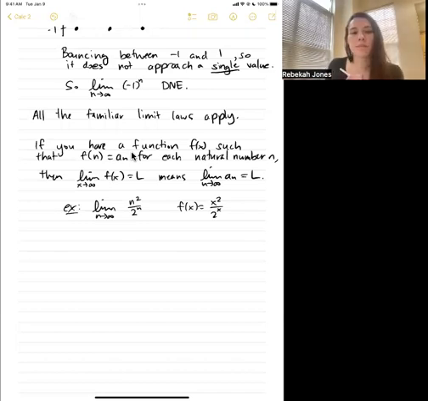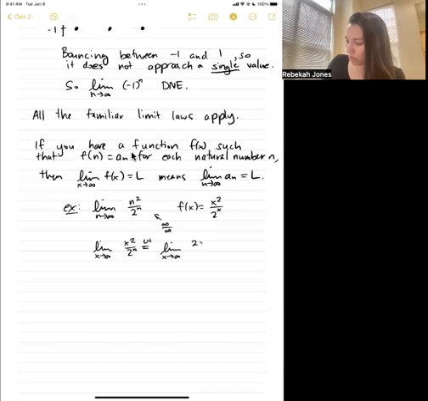Now, this is a limit of the form infinity over infinity, right? So we can use L'Hopital's rule, right? We can just say, well, the limit as x goes to infinity of my function f of x is equal to, by L'Hopital's rule, 2x over the derivative of 2 to the x, which is natural log of 2 times 2 to the x.